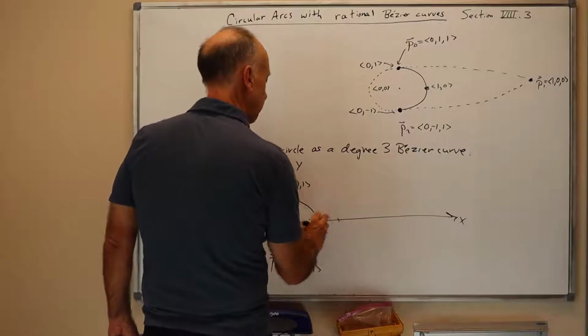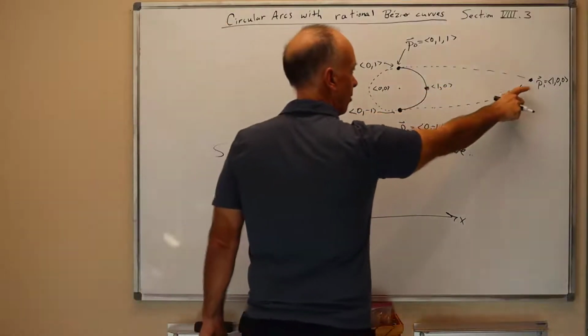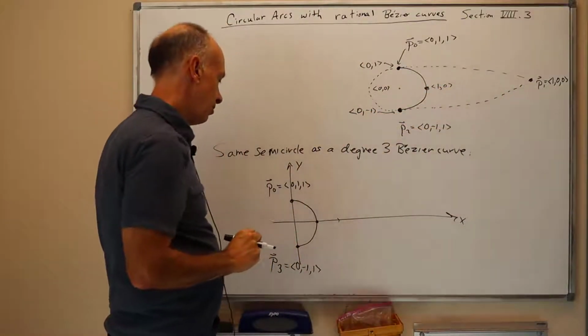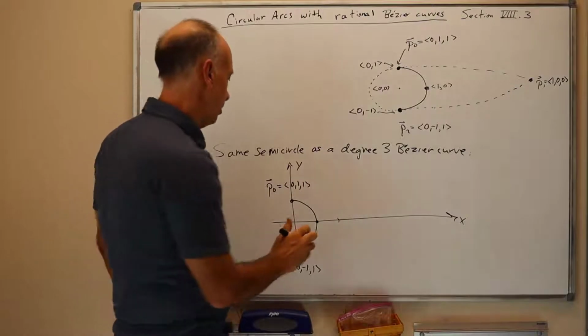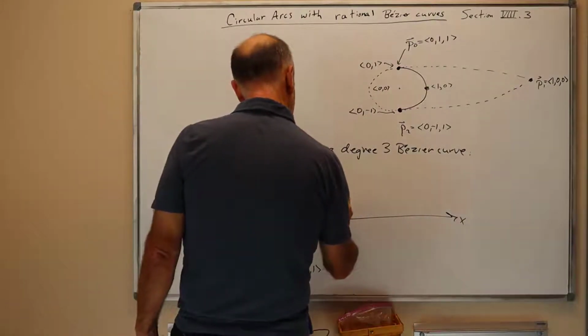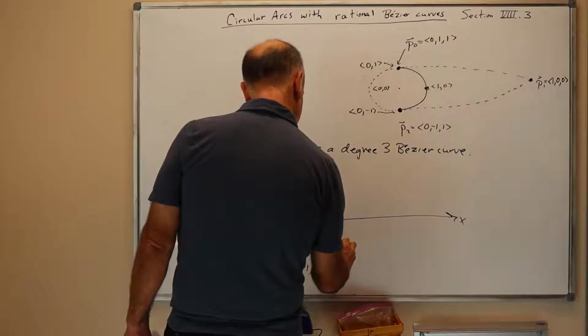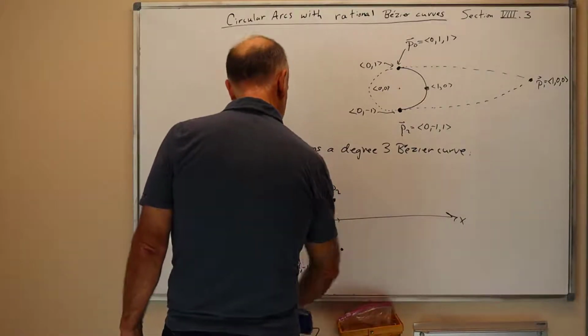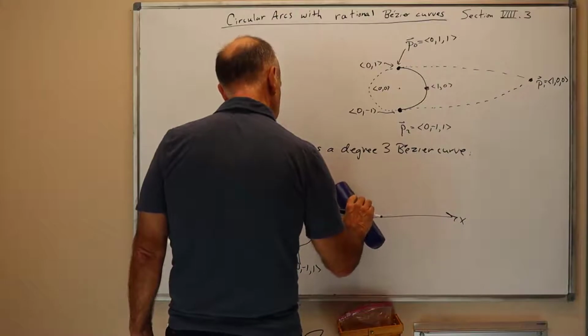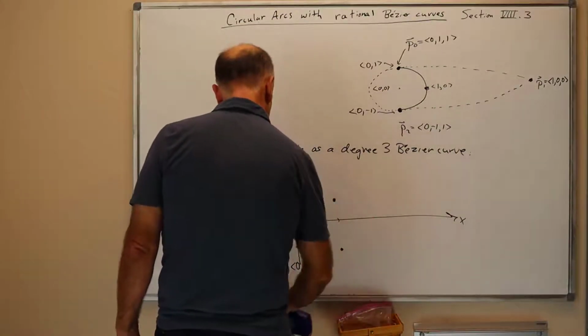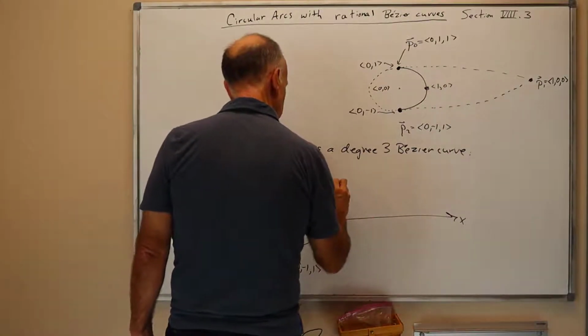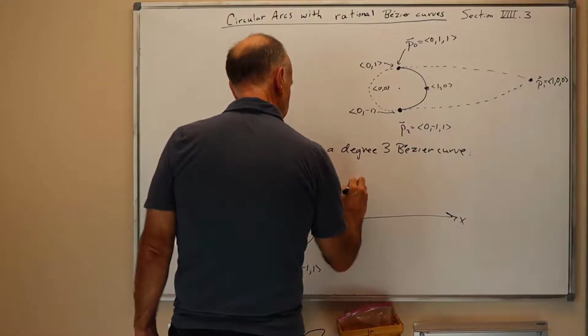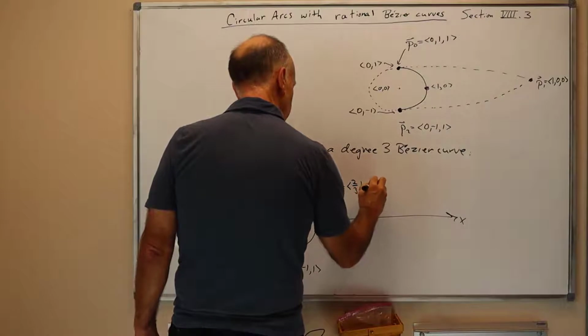And now the point at infinity is no longer used. Instead, we have two control points, P1 and P2. And those sit, as it were, right here. P1 is equal to 2/3, 1/3, 1/3.